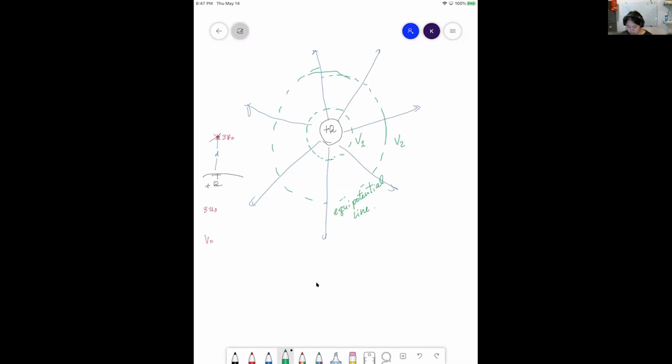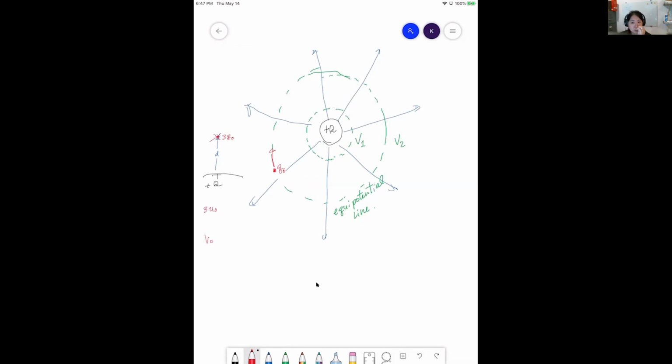Question. If I put the test charge here, if I put this little charge here, and let's say I move it along the equipotential line, it's the same voltage along it. Do I have a change in potential energy? Do I have any work done?